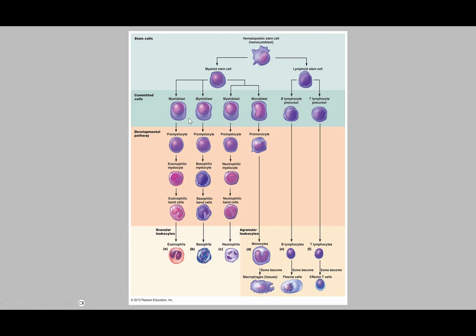Myeloid stem cells divide to produce either eosinophils, basophils, neutrophils, or monocytes. Monocytes, as we said, can go through another change and become a macrophage out in the tissue. So again, all of these leukocytes, all of these white blood cells came from a hemocytoblast, which is also where erythrocytes, red blood cells, came from.